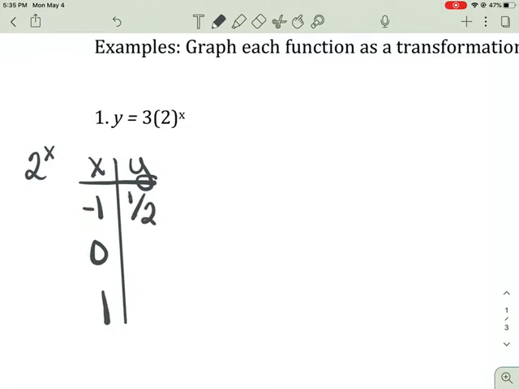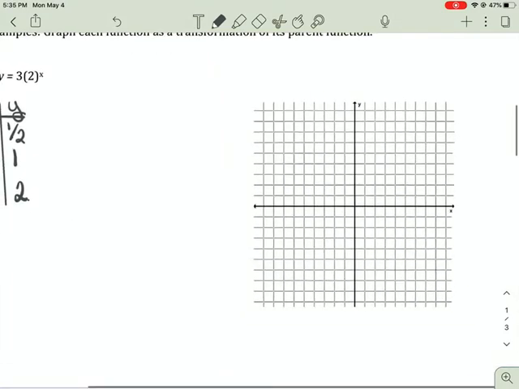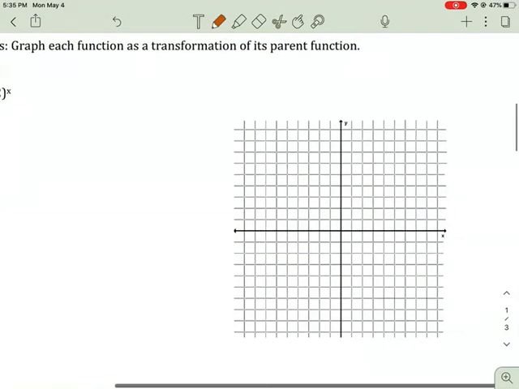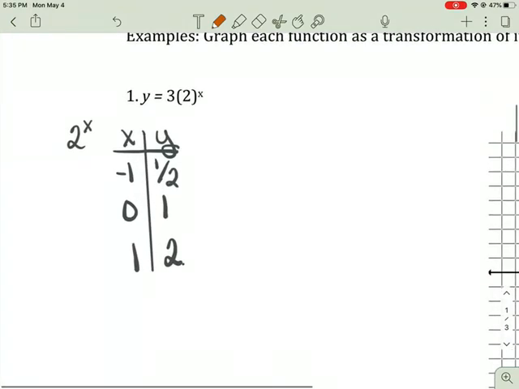Remember, that's going to be 1/2, because 2 to the -1 is 1/2. 2 to the 0 is 1, and 2 to the first is 2. All right, so now let's just graph the original. Let's put that in orange. So 1/2, 1, and then 2. Remember, we have this increasing graph.